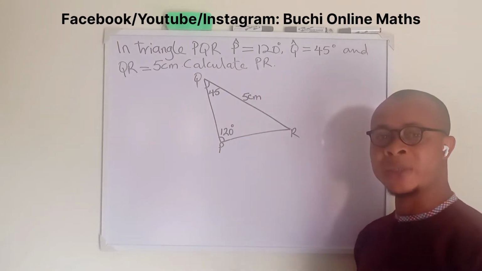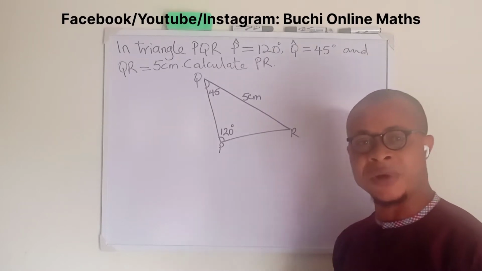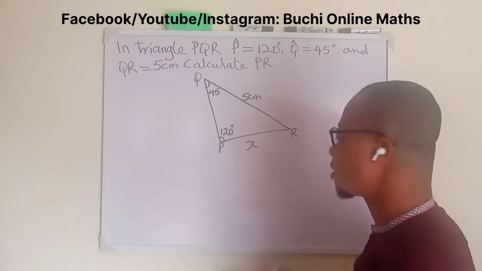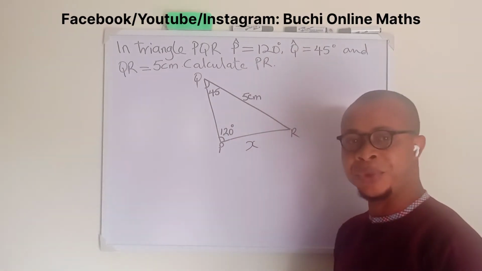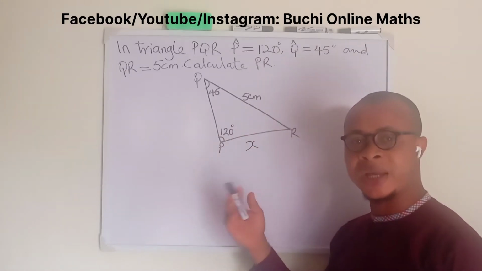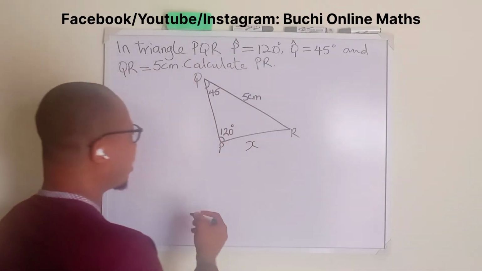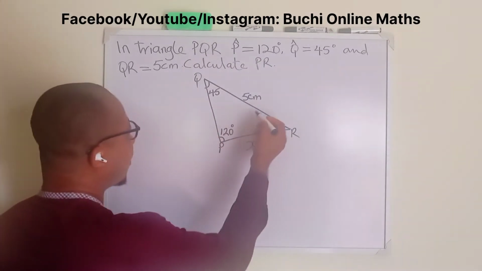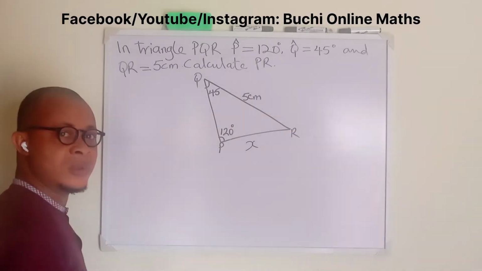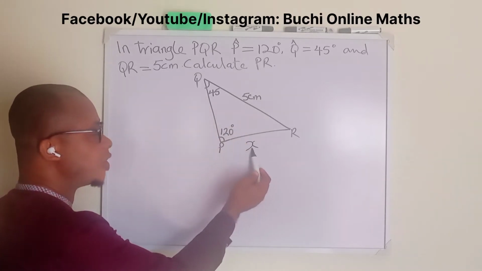Okay, so what I will just do is to call the line which we are asked to find X. Let me just call this line X, because we are asked to find PR. The formula we are going to use here is the sine rule. We are given this side and the angle facing it, and we are looking for this side.